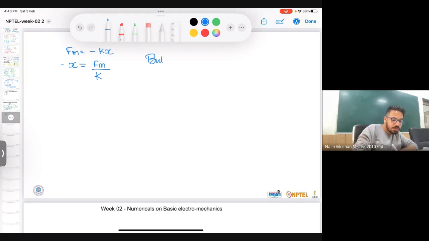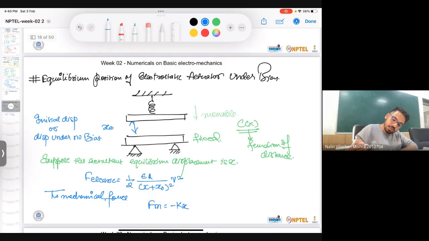But in equilibrium, Fm is equal to F electric. What is F electric?